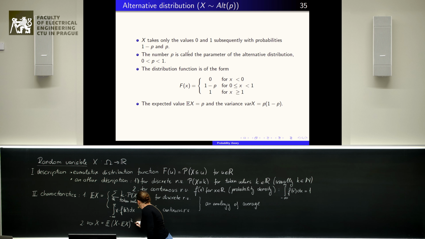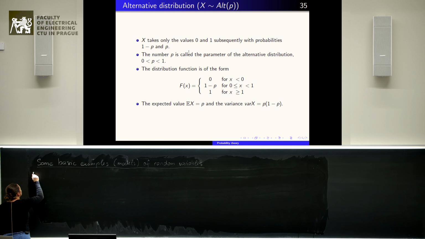And I showed you that it can be calculated as the expected value of the square of the random variable minus the square of its expected value. I explained to you the difference between the expected value of square and the square of expected value. So everything what is written here was done in the last 2 weeks. And as I promised you, I will show you some basic models, some basic cases of discrete and continuous random variables which you can use in practice.